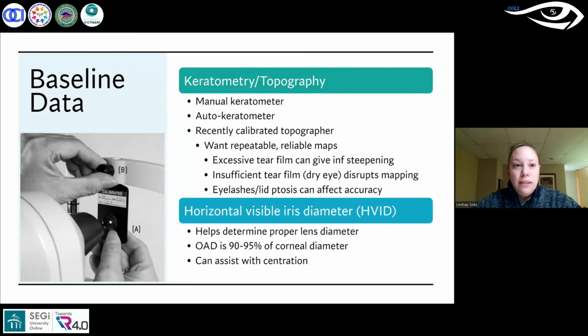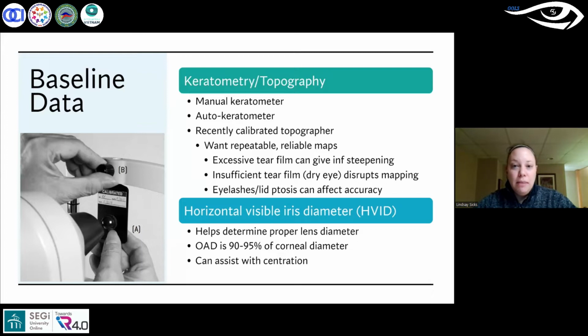And then a lot of times I find with our kiddos, eyelashes, they have just such nice long eyelashes, and that gets in the way a lot of times of our maps. So it can be helpful even to use a cotton bud to roll up that eyelid and get a more accurate map so that the lashes aren't in the way and causing a problem.